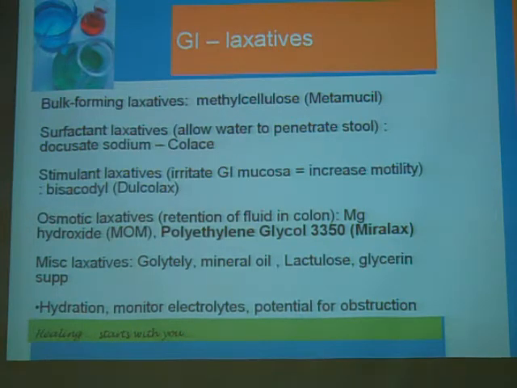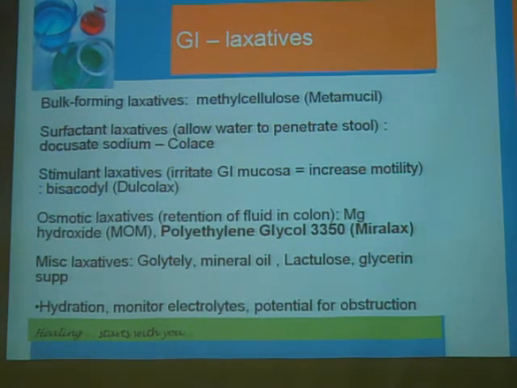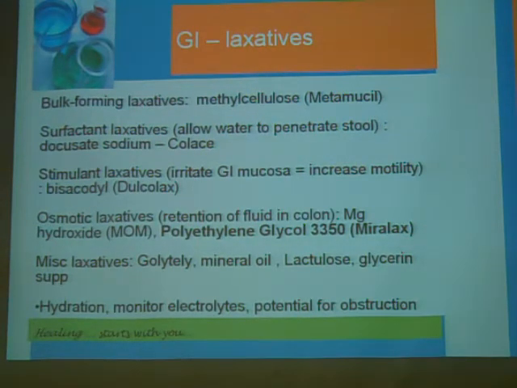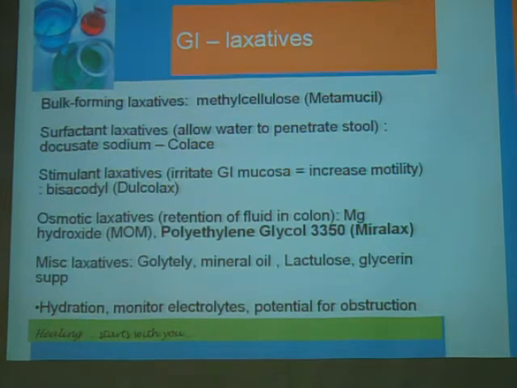Just like any disease state, your medication is probably not the first line of defense. They have to try other stuff first. So make sure they're eating something. If they don't eat something, there's nothing to go, right? So they have to have some sort of food or substance. Water or juice, fluid of some kind. And then if that doesn't work, prune juice works fairly well. And make sure they ambulate, if they can.